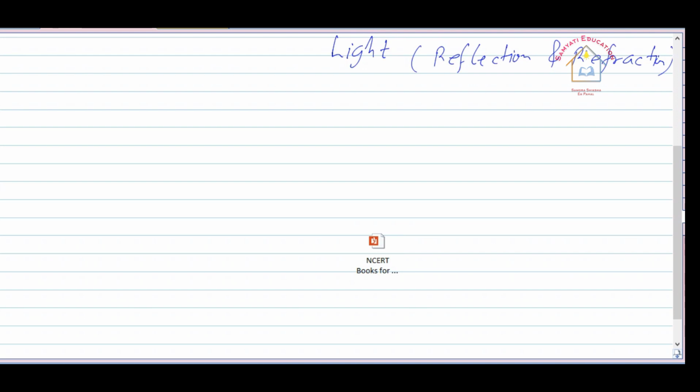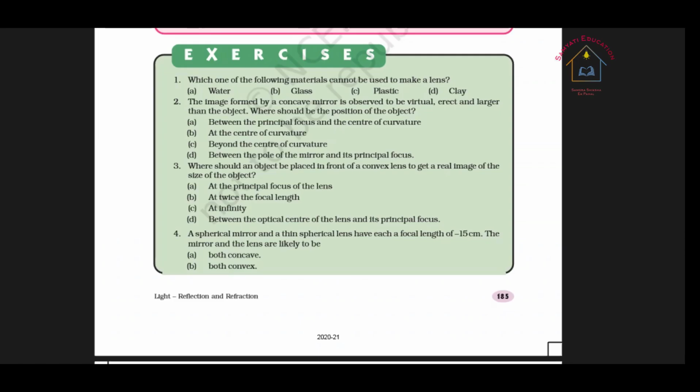Here is our question number 1. Which one of the following materials cannot be used to make a lens? Water, glass, plastic, clay. Option D will be correct, clay, because clay can't show the property of refraction. It can't allow light to pass through it.